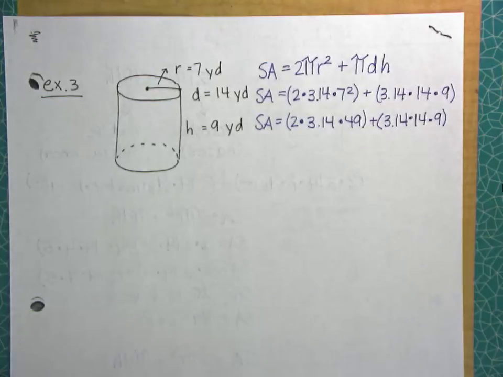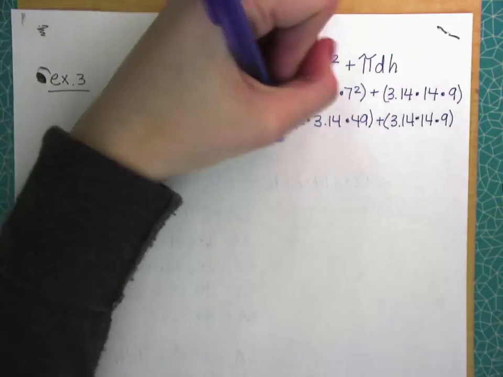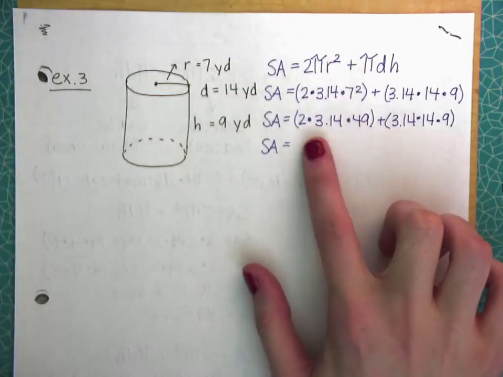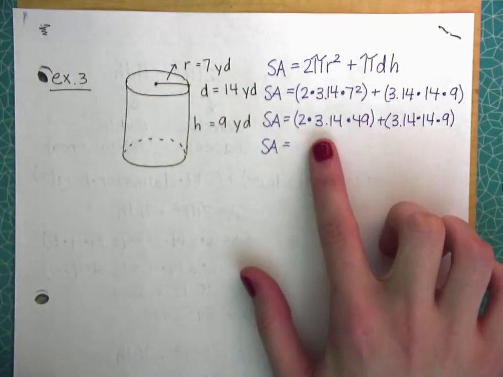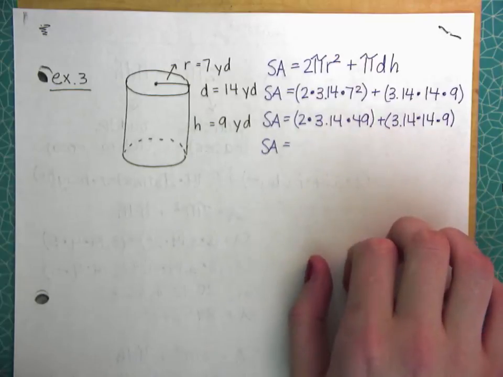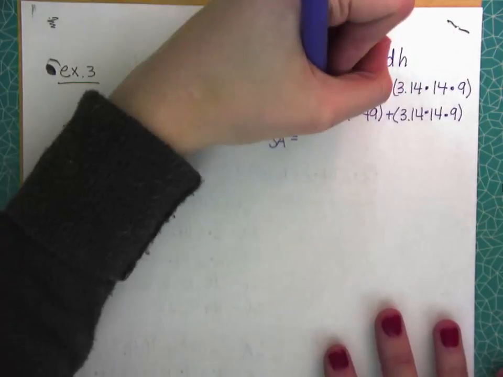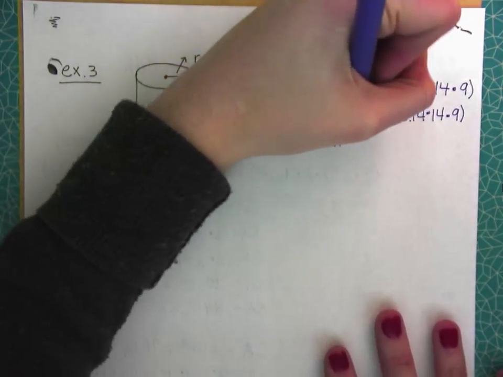What do I need to do next? Anastasia? Yep. Okay, so when I multiply these first three numbers together, what do I get, Luke? Yes, 307.72.